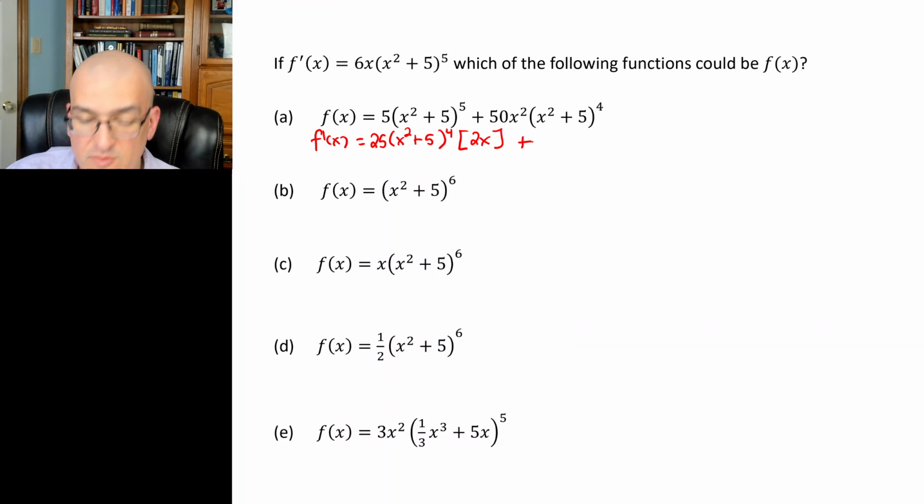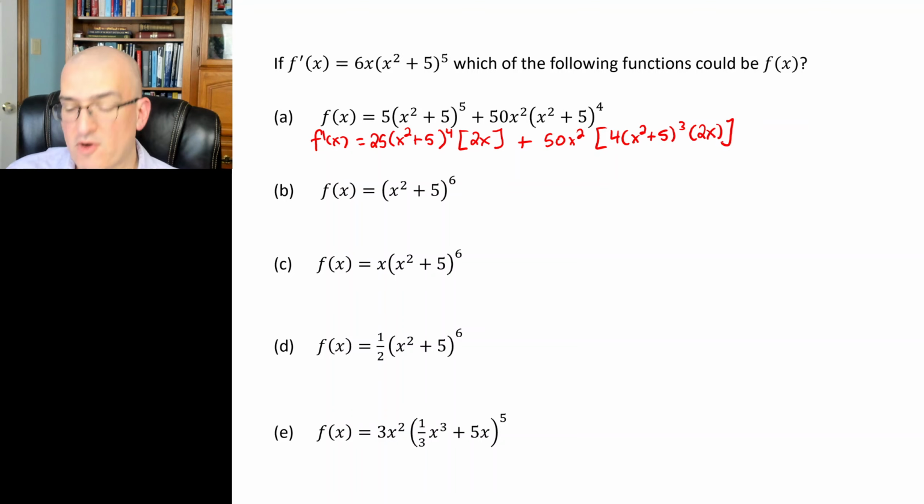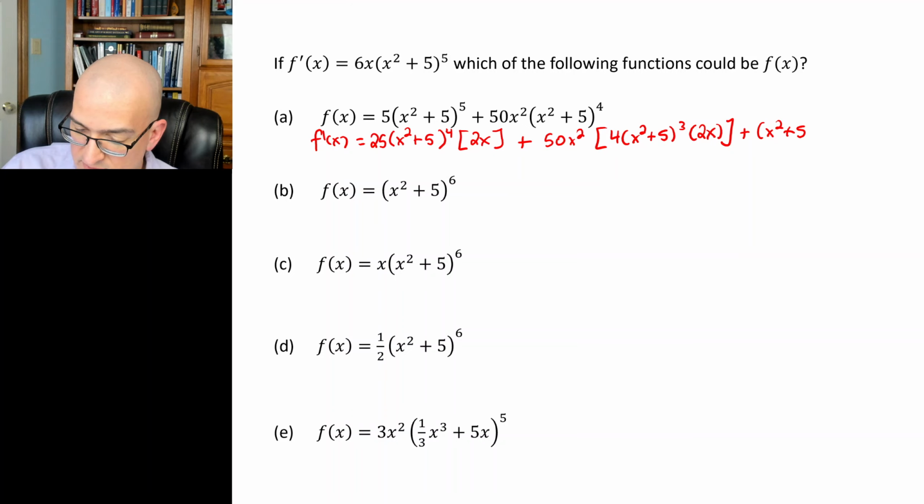And the next term has a product rule. So a, 50x squared, times the derivative of the second term, so b prime, 4 times x squared plus 5 to the power of 3, times 2x, plus the other part of the product rule, x squared plus 5 to the power of 4, multiplied by the derivative of 50x squared, which is 100x.